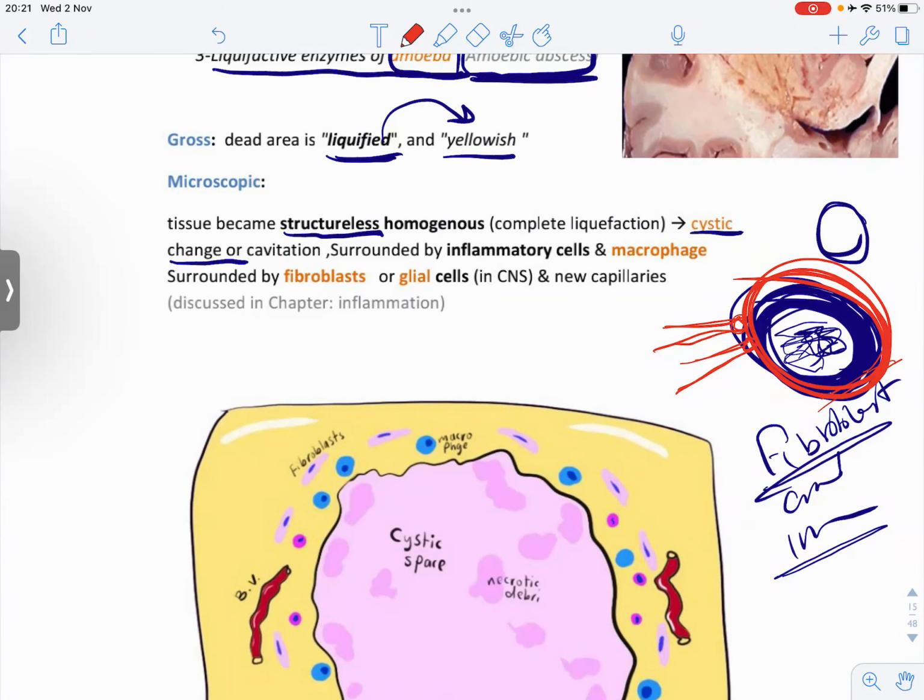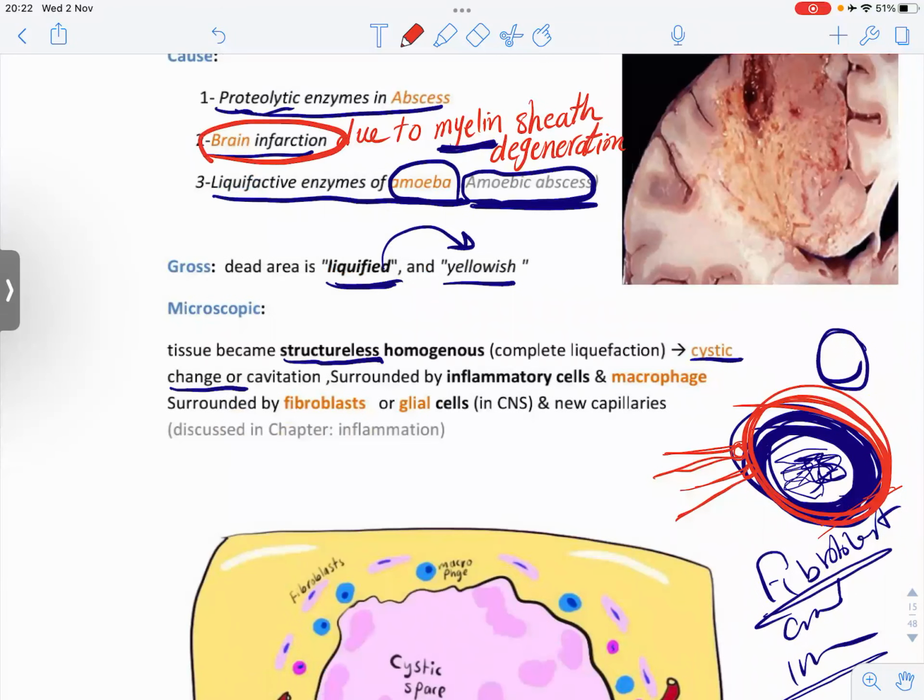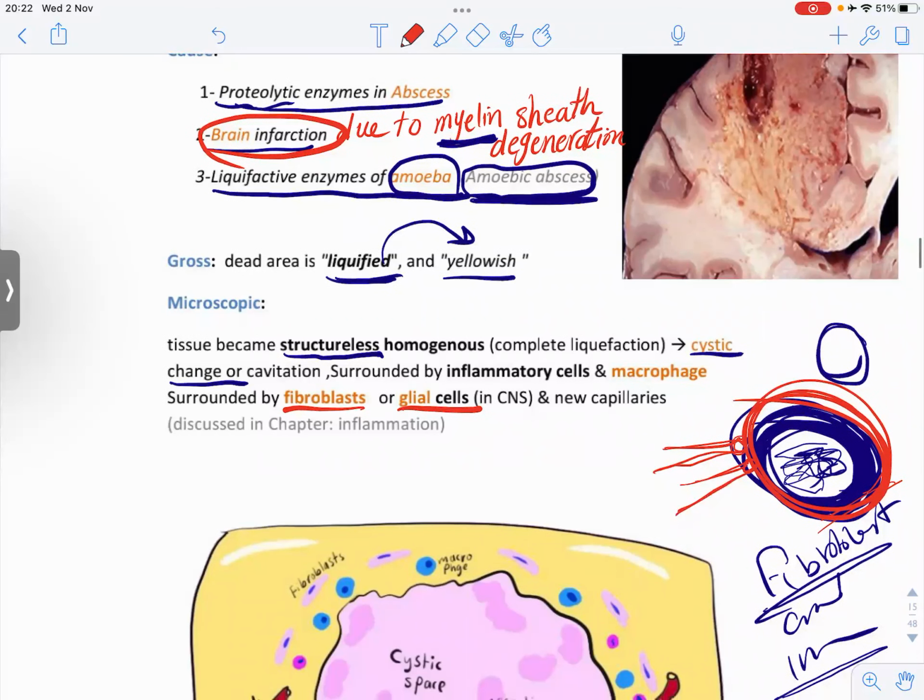Because your body is trying to solve the problem. And we will study this in detail in the inflammation chapter. Why does your body make new blood vessels near the inflammatory site? Because your body is smart. Your body is trying to solve the problem. And of course, in the brain, we don't have fibroblasts. We have glial cells instead of fibroblasts inside your brain.